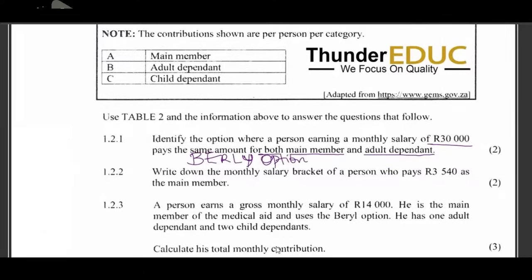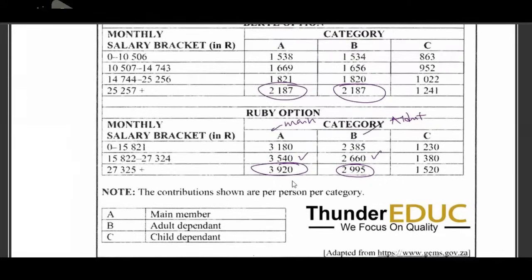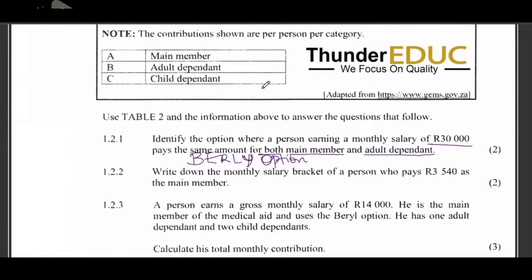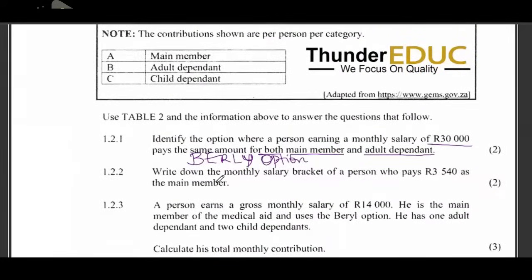Option 1. Okay, write down the monthly salary bracket for a person who pays 3,540 as the main member. So we are looking for 3,540. Here we are as a main member. They're asking for the bracket, so you're going to write down the monthly salary bracket.